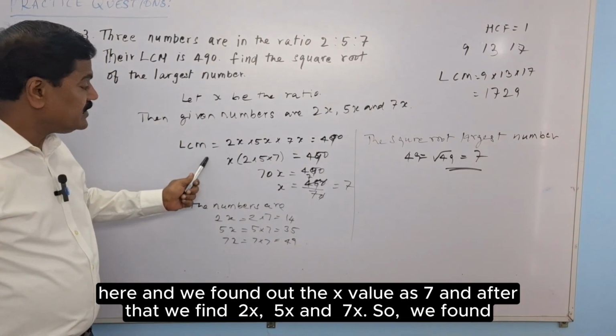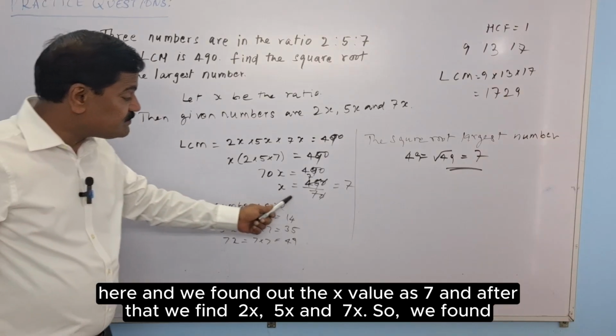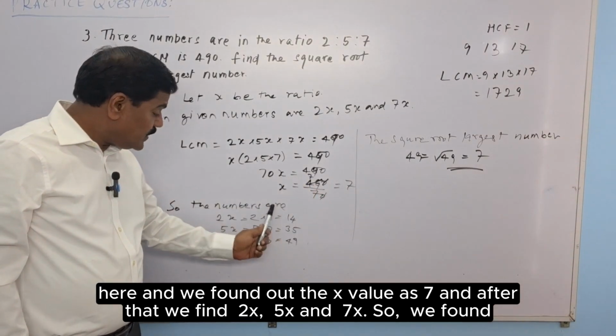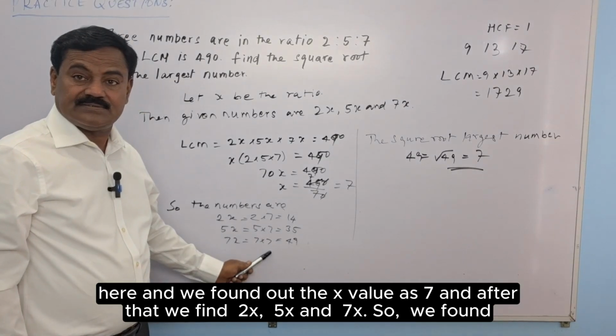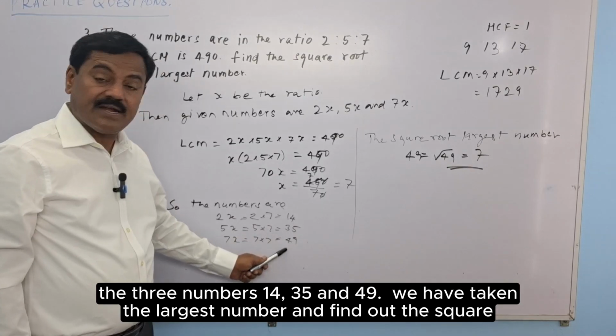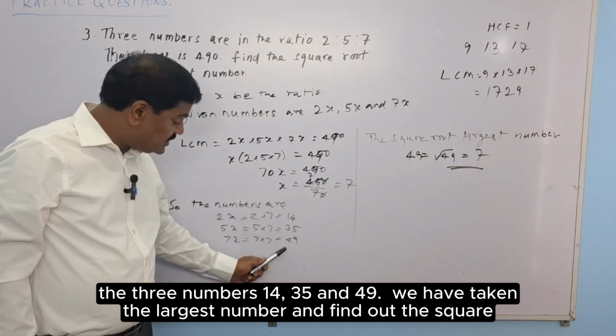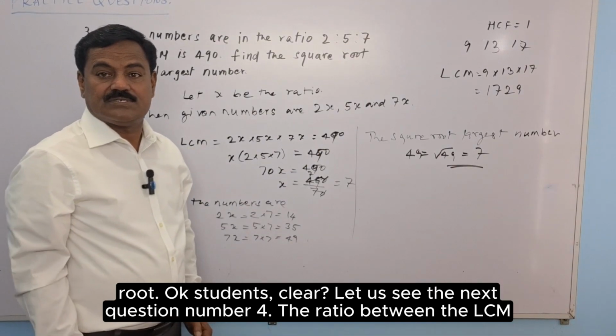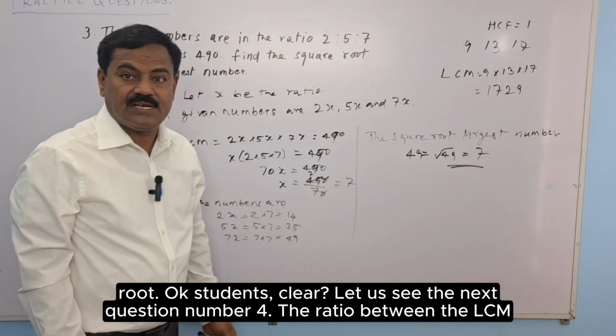Okay, we applied here and we found out the x value as 7. After that we find 2x, 5x and 7x. So we found the three numbers 14, 35 and 49, and we have taken the largest number and find out the square root. Okay, students, clear?